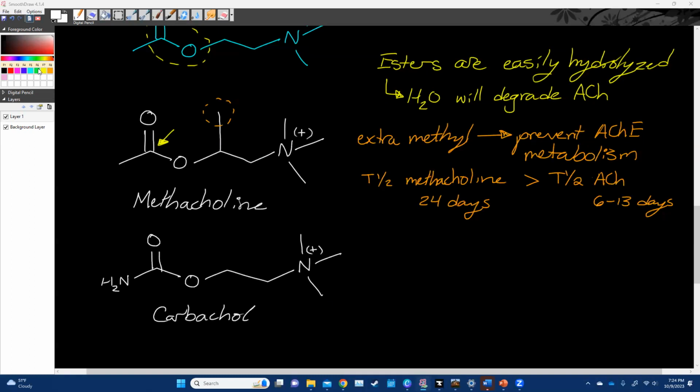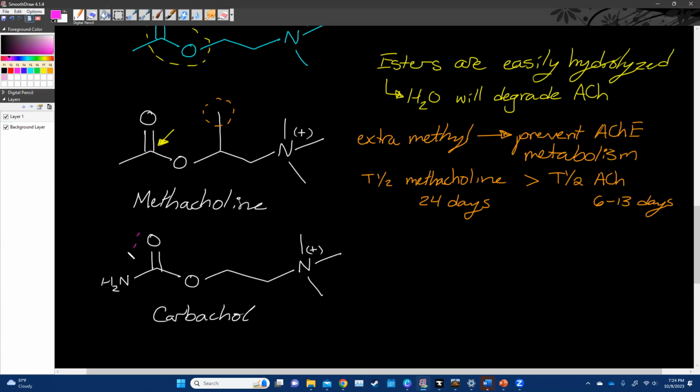Carbachol is a bioisostere. And basically what that means is that we have, instead of just having a regular ester, we have attached an amine, a nitrogen, to the other side, which creates the functional group of carbamate.